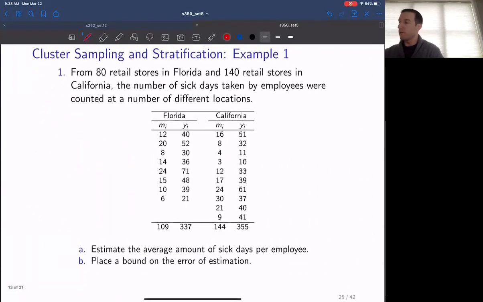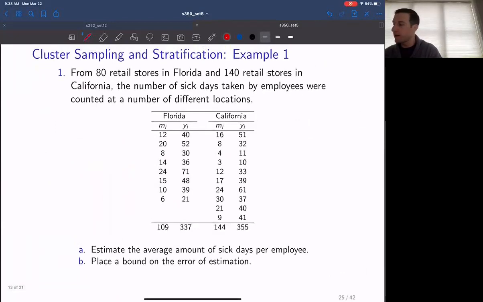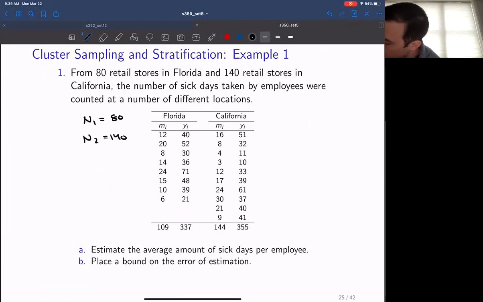Okay, to illustrate this approach, we have the following data set. We have 80 retail stores in Florida, and we have 140 retail stores in California. The number of sick days taken by employees were counted at a number of different locations. So we have capital N1 equals 80, so 80 stores, each store forms a cluster. Capital N2 is equal to 140.